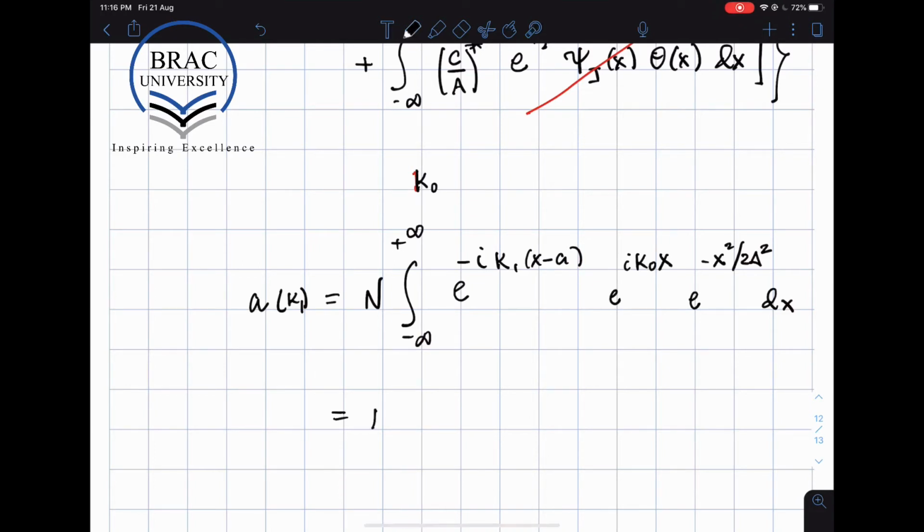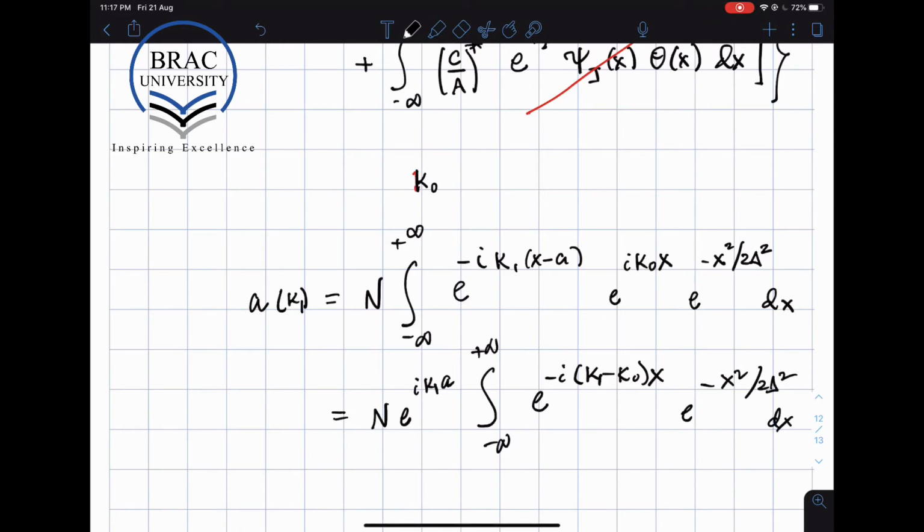If I do that, I get n e to the power i k1 a, and in the integral I have e to the power minus i (k1 minus k0) x, times e to the power minus x squared by 2 delta squared, dx. So we can now go ahead and do this integral. This is just a complex Gaussian integral.